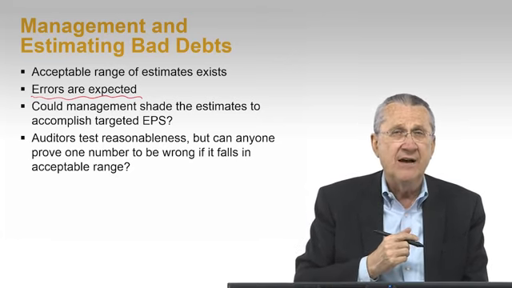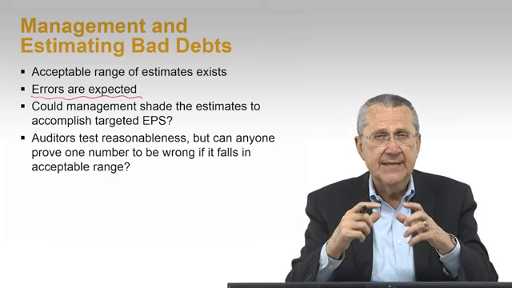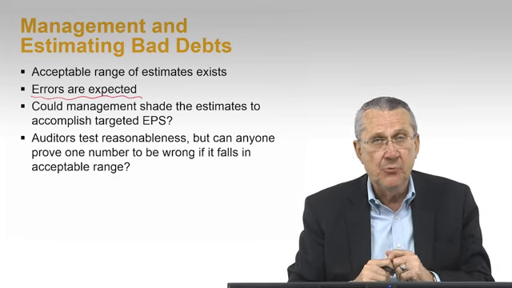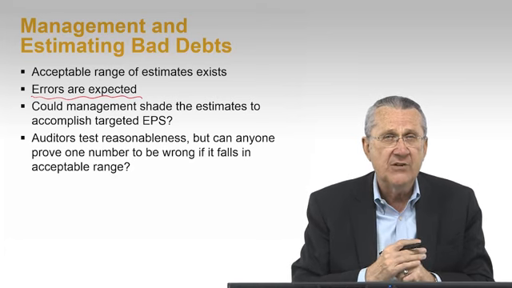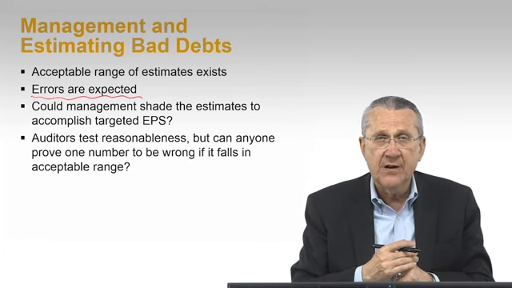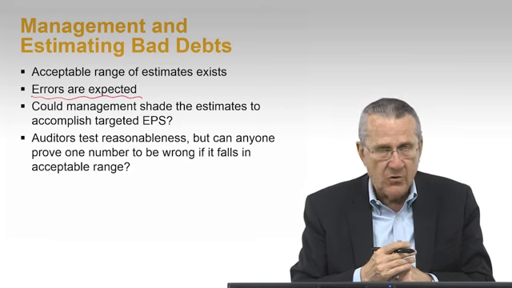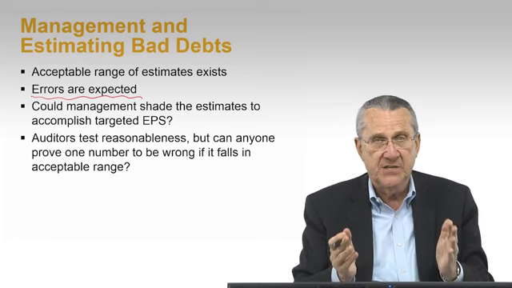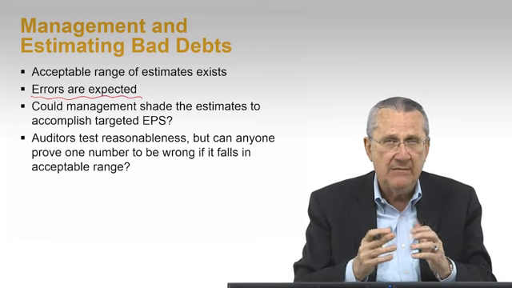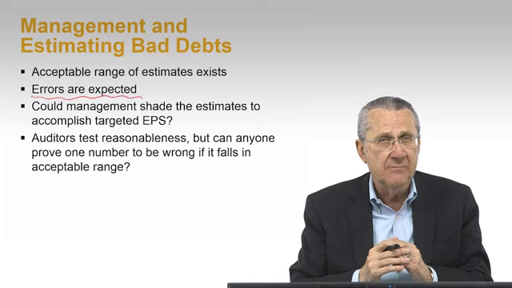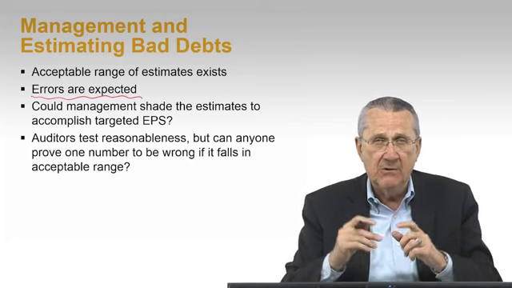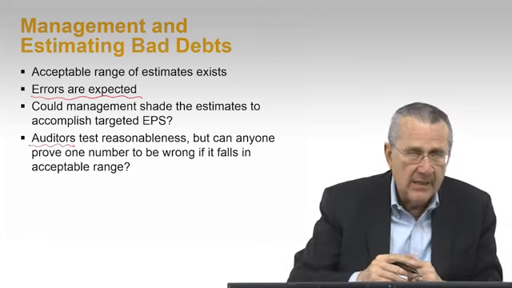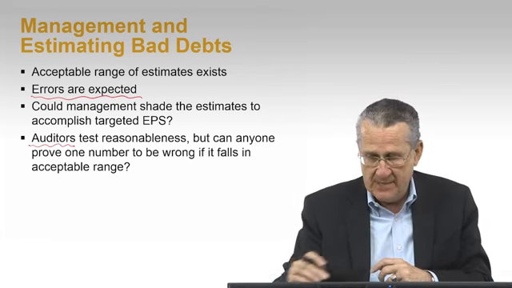So the point is that obviously management can probably determine a reasonable range, and then management's in a position to push to the bottom or the top of that range, depending on what targeted earnings per share might be. Of course, auditors will test for the reasonableness. They will look at the statistics that you've used. They'll ask about them. They'll prod and poke a bit. They'll test your numbers. But so long as it falls within that range, you'll probably find that the auditor will be happy with the estimate.